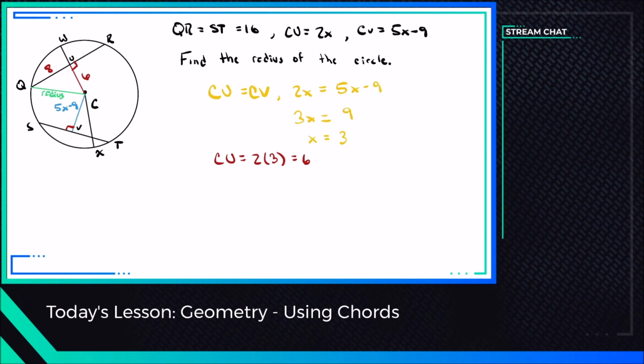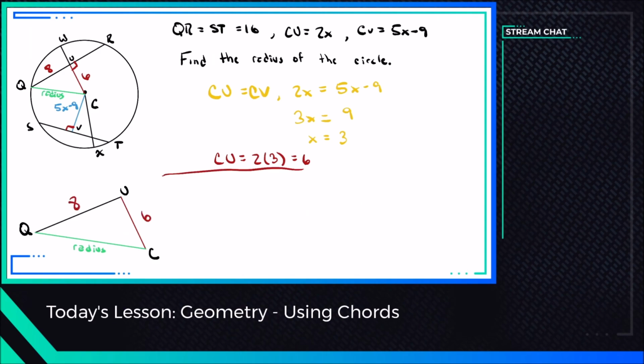And so now I'm going to redraw my right triangle here. Our radius is right here, and we got C right here, U right here, Q right here. This guy is equal to 6, this guy is equal to 8.